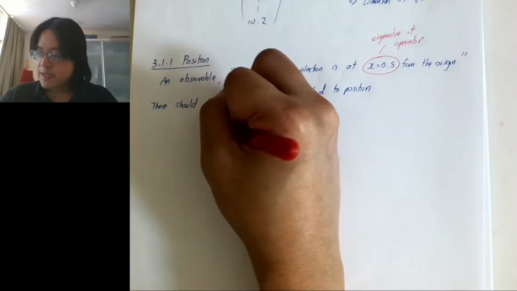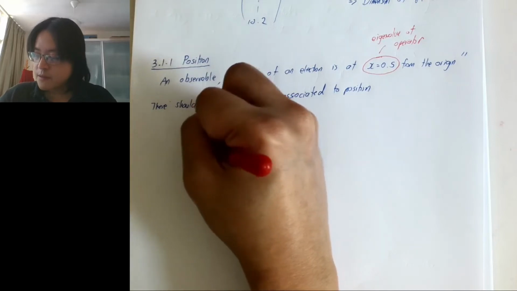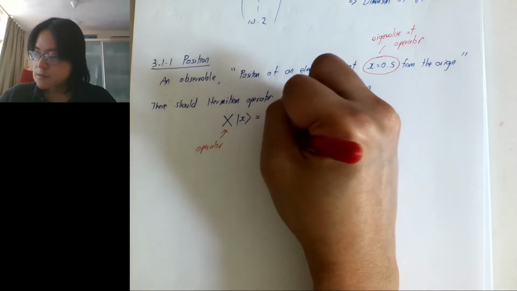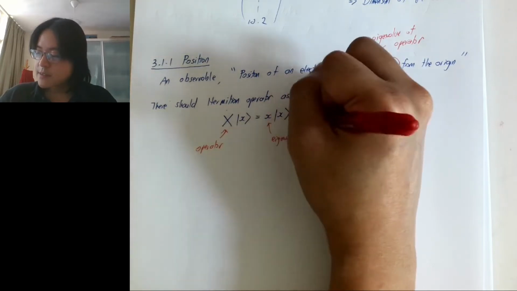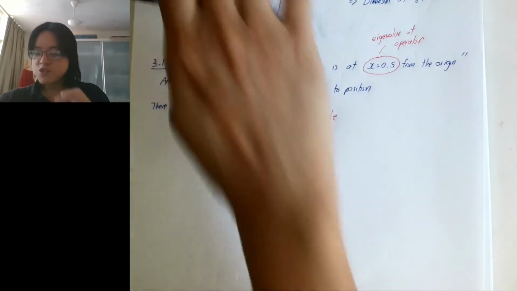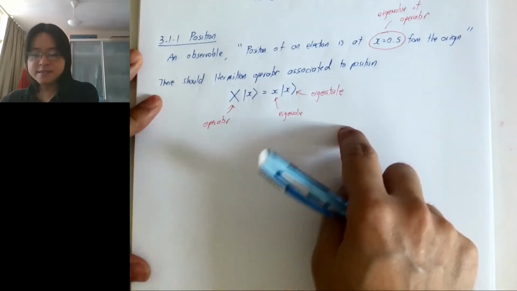So to emphasize, this is an operator, and this is the eigenvalue, and therefore this is the eigenstate. So it should have something like this form.